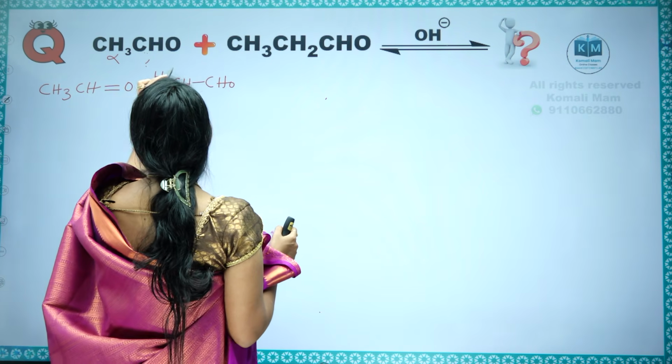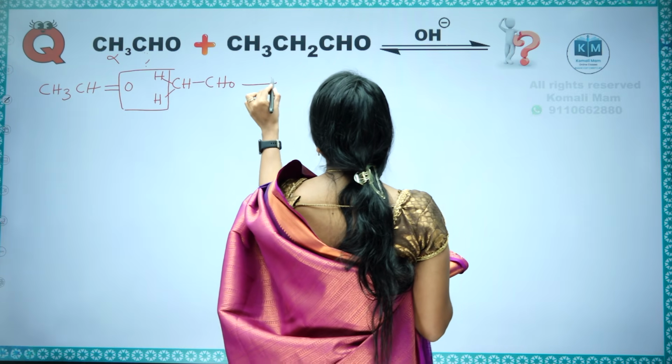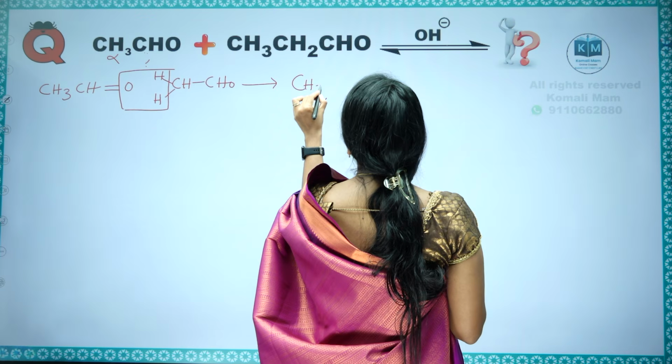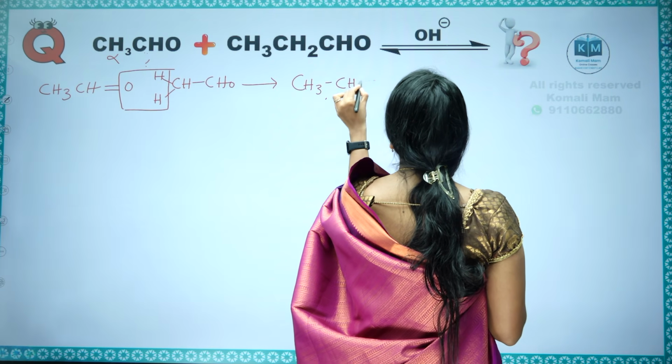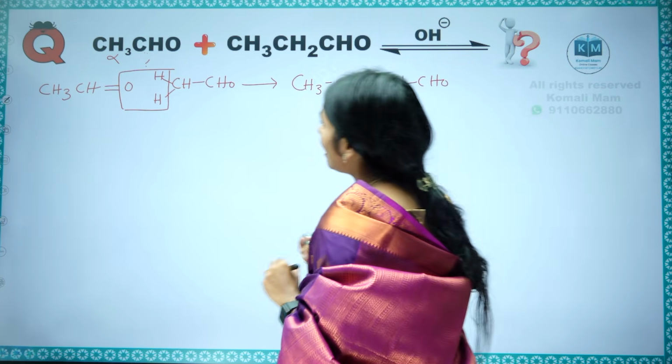So this oxygen and these two hydrogens both go out as H2O. Then what will you get here? CH3CH=CHCHO. This is one of the self products.